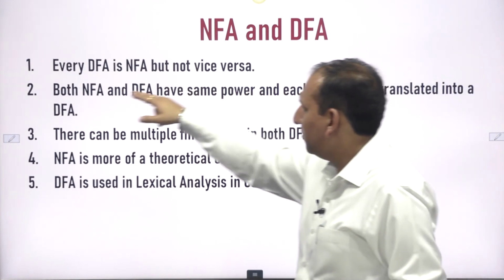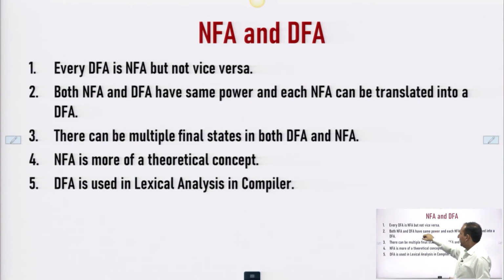If you see point number 1, every DFA is an NFA, but not vice versa. It means that every deterministic finite automaton is an NFA, but an NFA is not necessarily a DFA, right. So, the reverse is not true. This is the meaning of point number 1 in this slide.